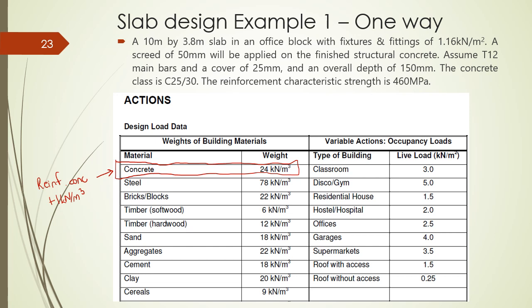Secondly, to compute the live loads or the occupancy loads, we have been told that this is an office block and we'll read off the value of variable action for offices, which is 2.5 kilonewton per meter squared.